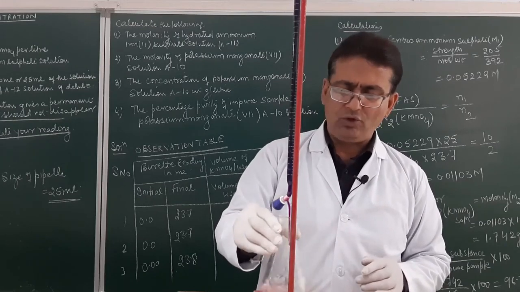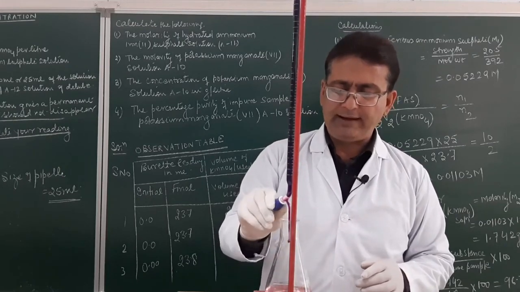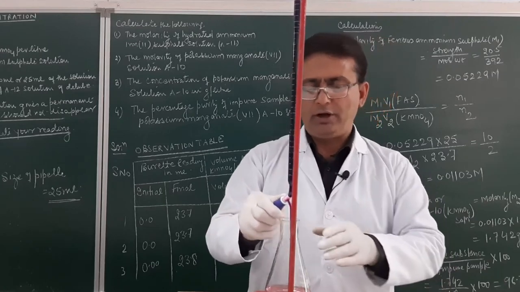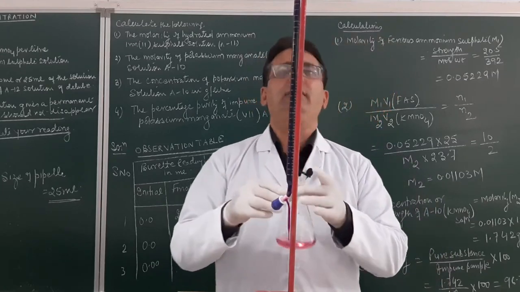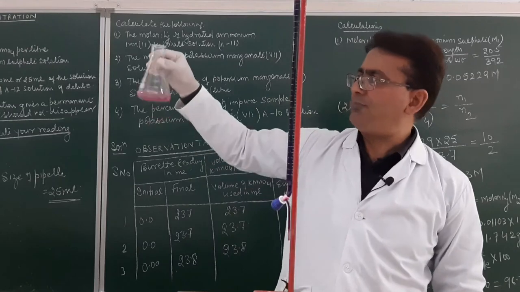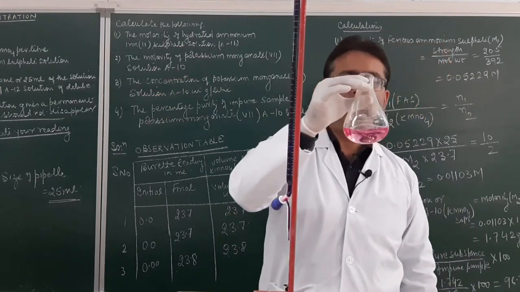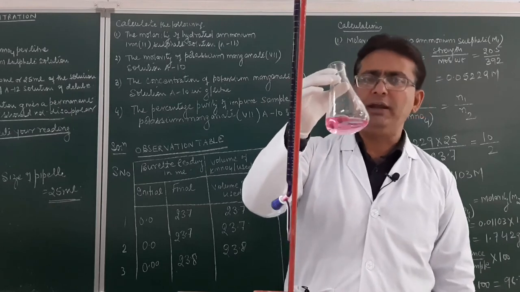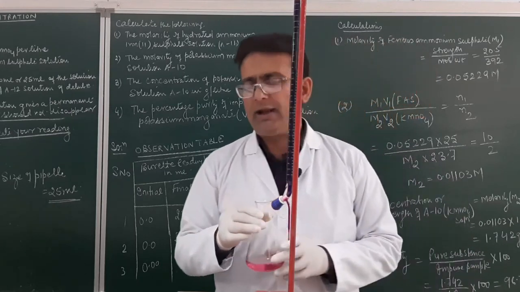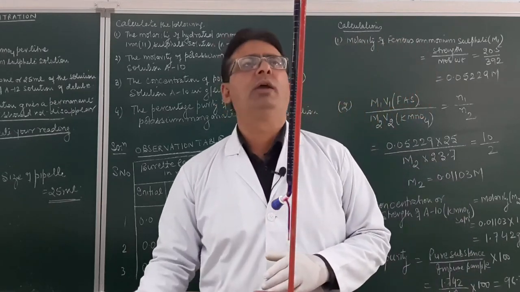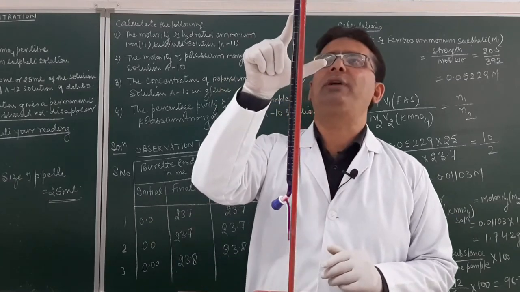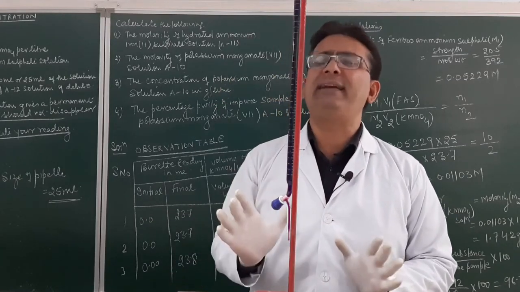Keep on shaking, you will observe when it changes. Now see over here, a very light pink color is obtained, and it is now not decolorizing. So that will indicate the end point of the titration. And if I read this reading, it is 23.7.